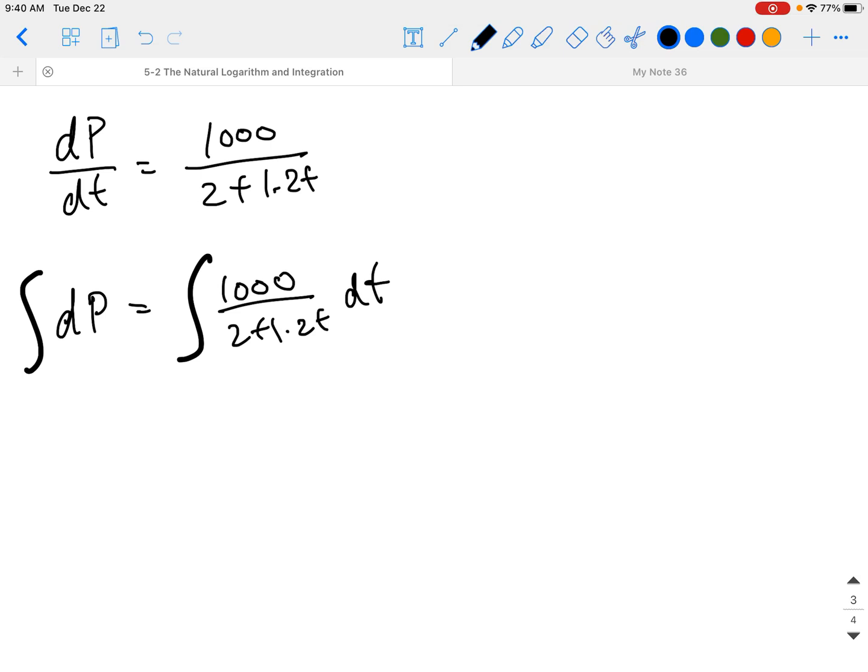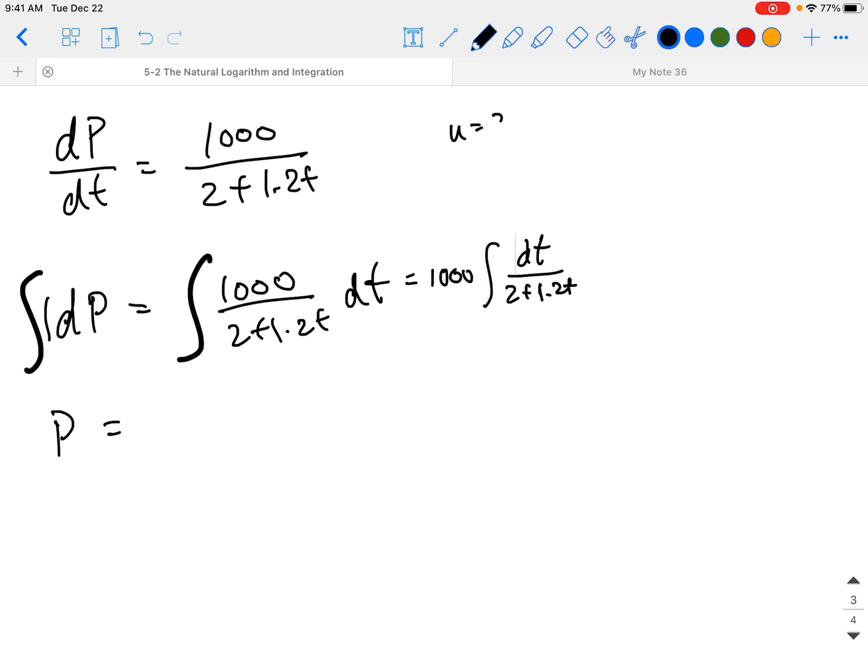So on the left-hand side, the integral of 1 times dP is just going to be P. And on the right-hand side, we'll have to do a little bit of simplification. We could note that we could just rewrite this as 1,000 times the integral of dt over 2 plus 1.2t. So you can do a u substitution for this.